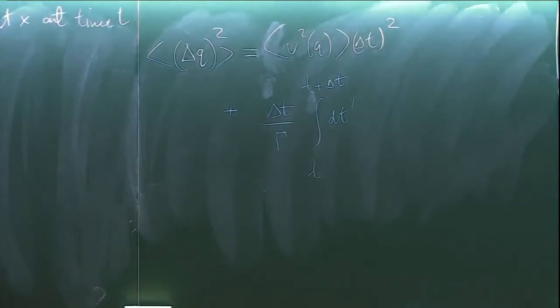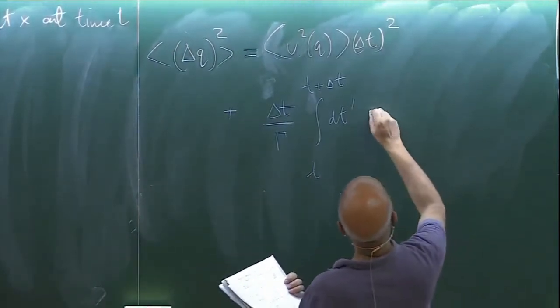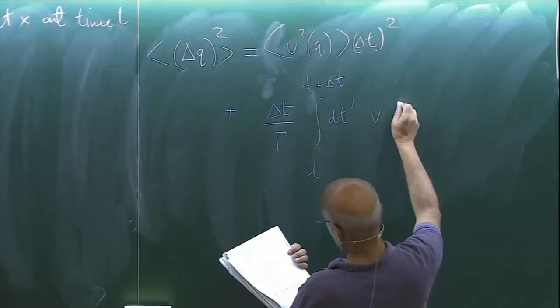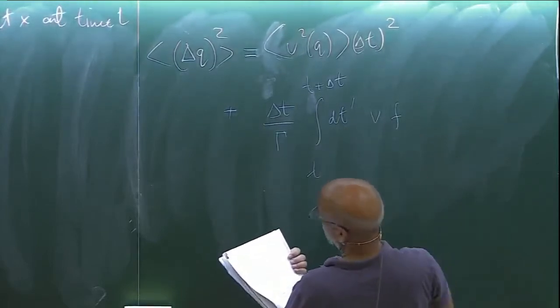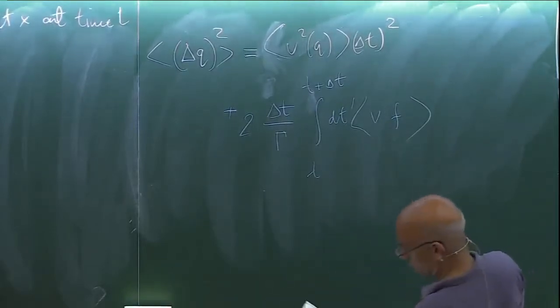Minus, right? I'm calling this v of q. So it becomes plus v times f. There'll be two of them, right?